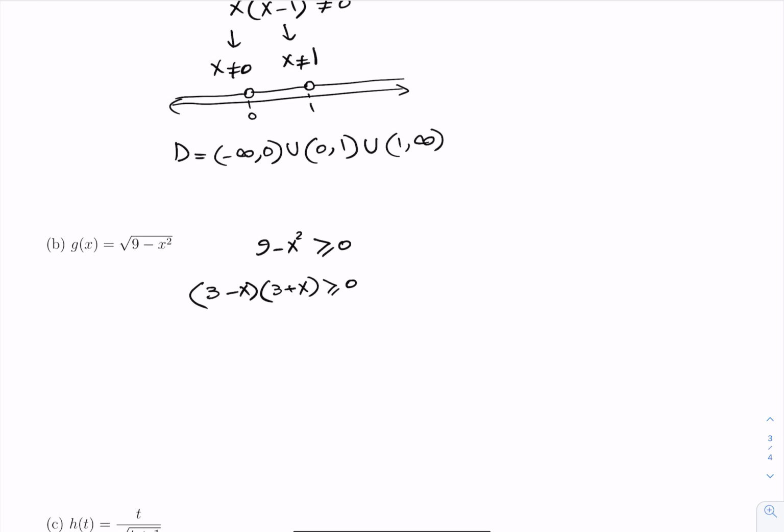If I want this product to be greater than or equal to 0, that means I need both of these factors to have the same sign, both positive or both negative if possible. So let's see if each case would be possible. If I have 3 minus x greater than or equal to 0 and 3 plus x greater than or equal to 0, here x would be less than or equal to 3 and x greater than or equal to negative 3.